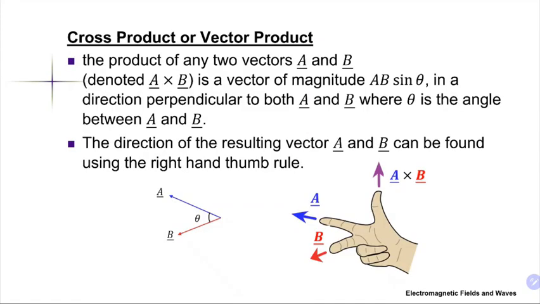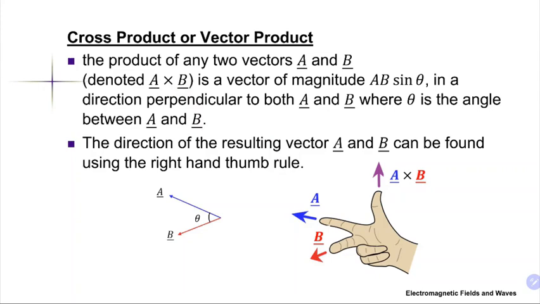The other one is the cross product. The cross product is written as A cross B, and what you end up with is another vector.